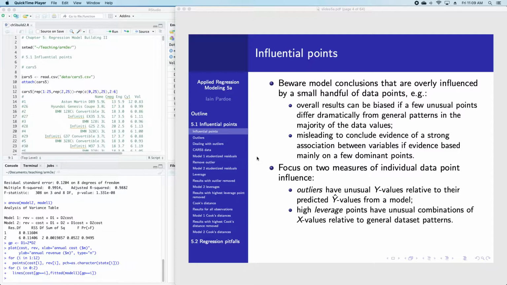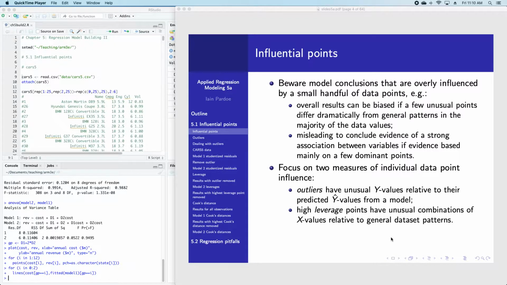In other words, there's a very big difference between y for that data point and y hat, which is the predicted value from the model. By contrast, another type of influential point are what are known as high leverage points. These are points that have very unusual combinations of predictor values relative to the patterns that we're seeing in the rest of the data set.